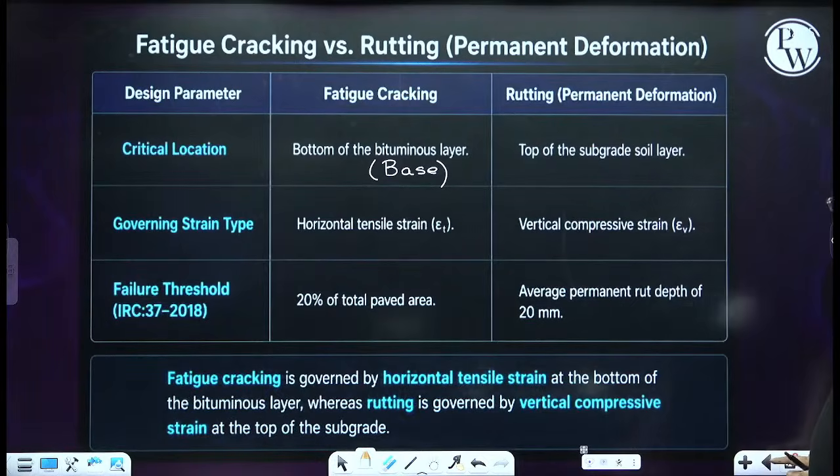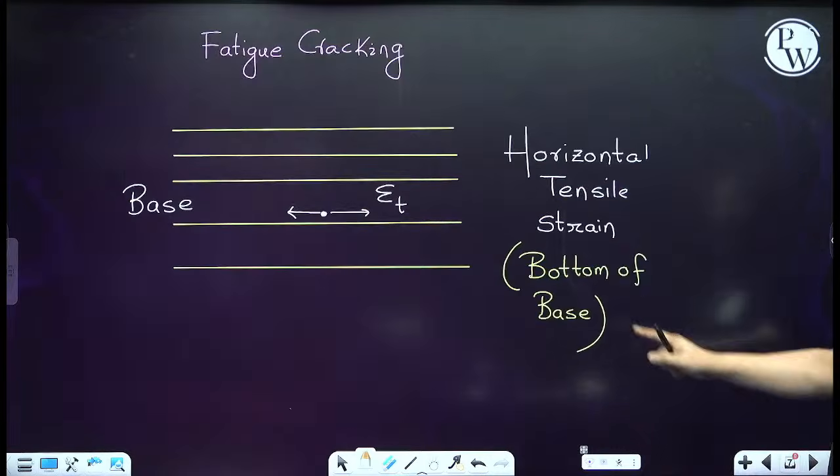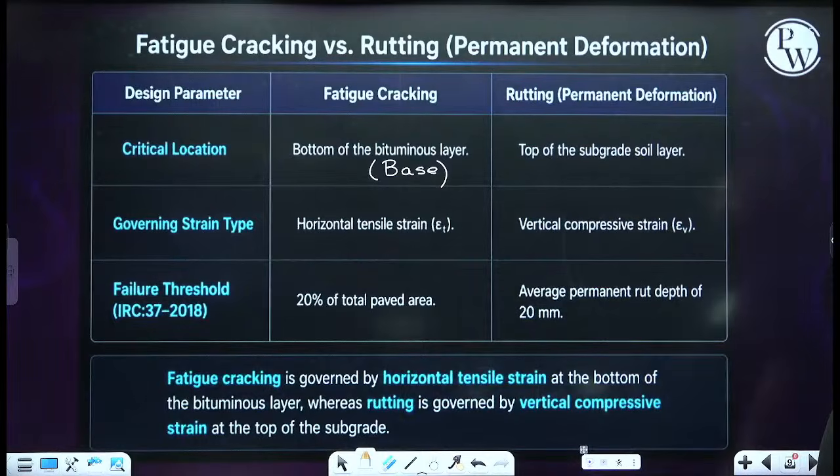So first is the difference of location: rutting at top of subgrade, and fatigue cracking at bottom of the base.